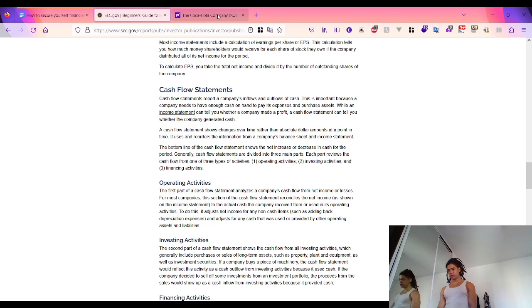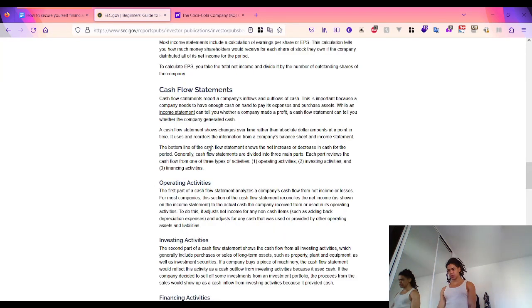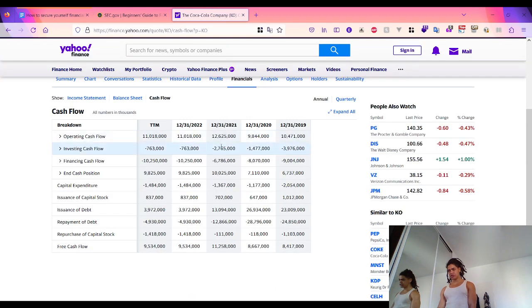It uses and reorders the information from the company's balance sheet and income statement. But again, it shows change over time.